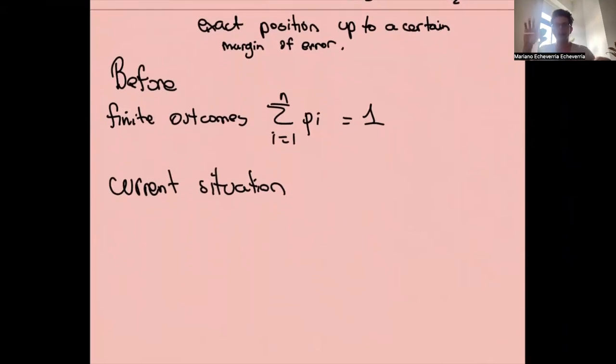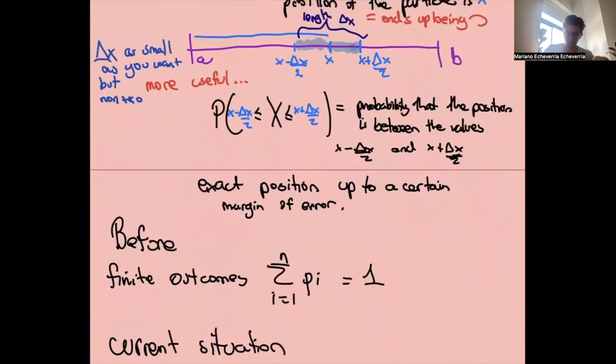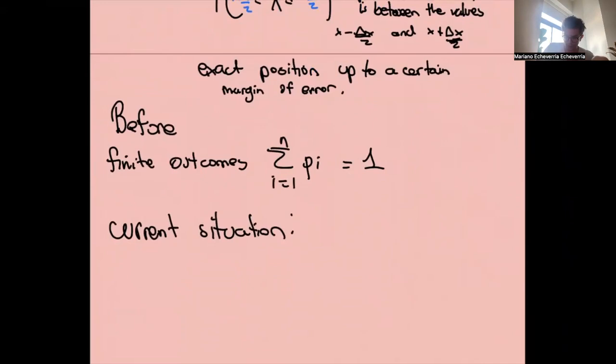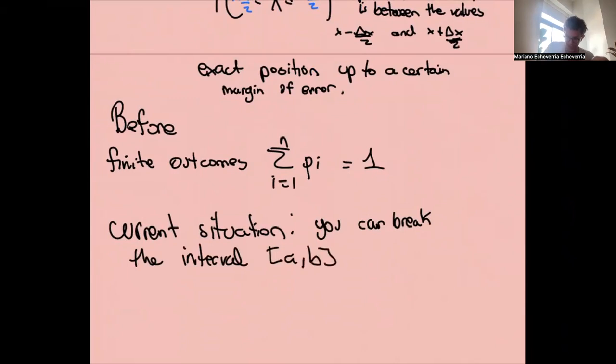you would like to say something like, okay, I'm going to start a little bit clumsy, but in the current situation, you can break the interval AB into smaller intervals of length delta x.